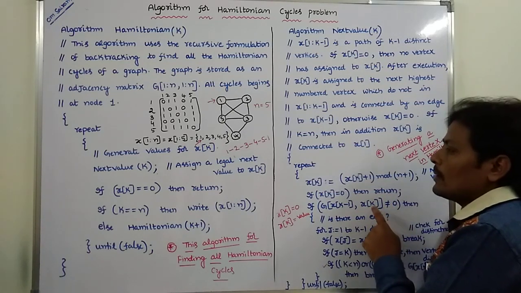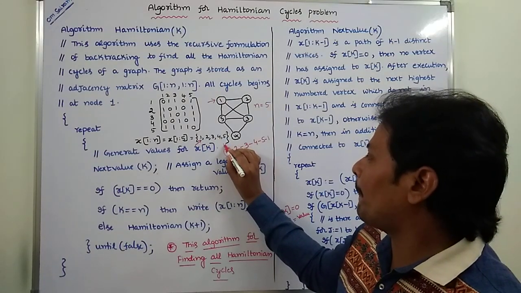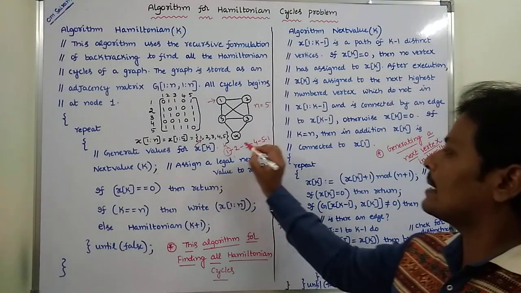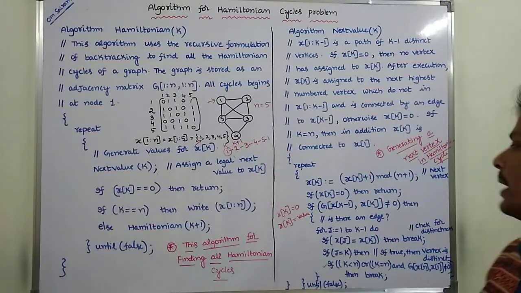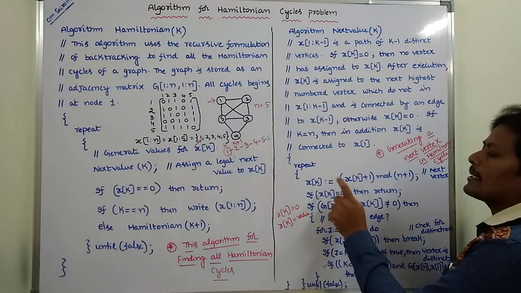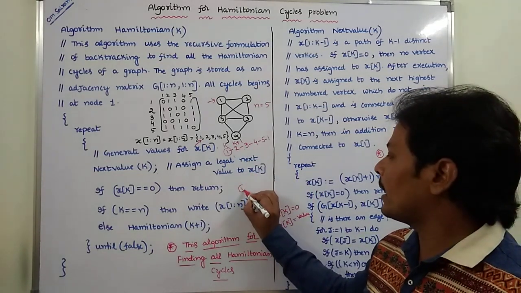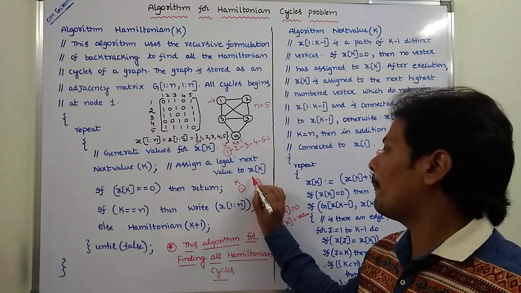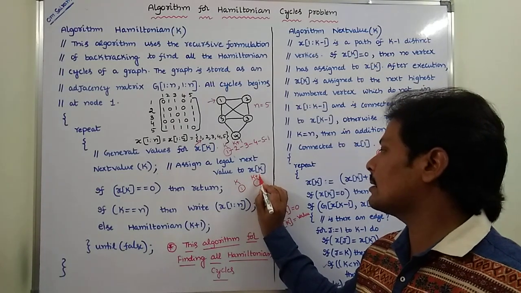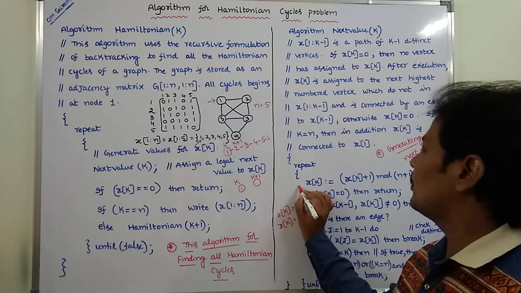Suppose here vertex 1 is the k value, and this is the k plus 1 value. Here x of k returns value 2, for example. K points to vertex 1, and next value of k points to k plus 1. So this returns value 2.